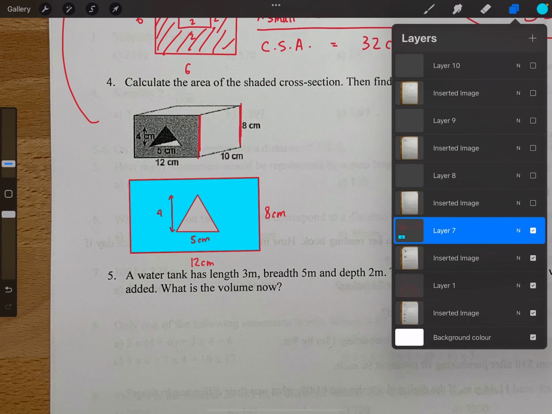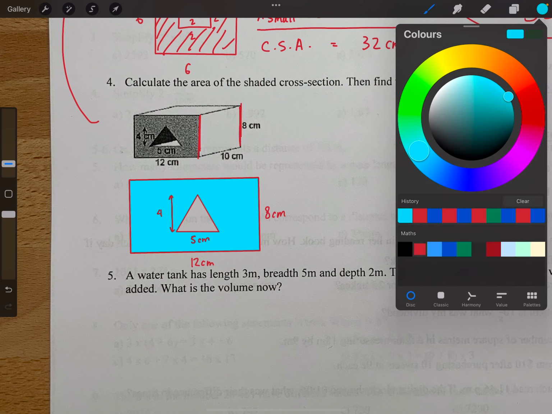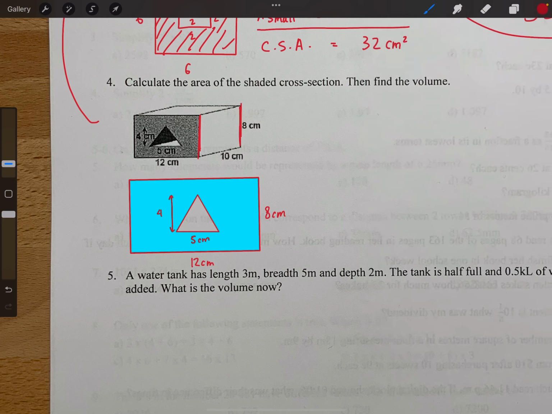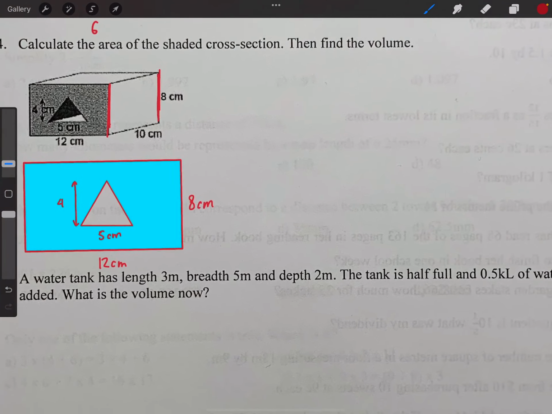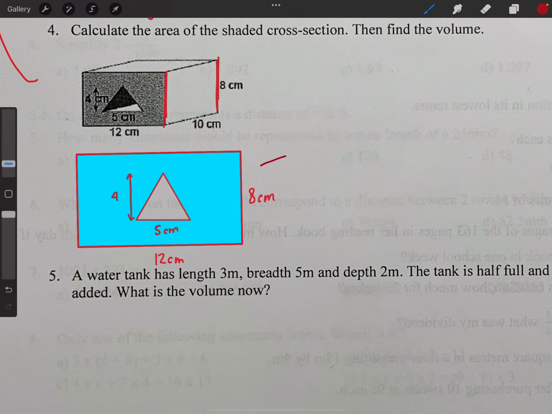Right. So let's go back to this. To find that area, the blue one I colored in, we need to find the area of the big rectangle, which is, so this I'm gonna call the area of the big, and that's equal to 8 times by 12. 8 times 12 is equal to 96. Now the area of the small piece, the triangle, that's the triangle there.